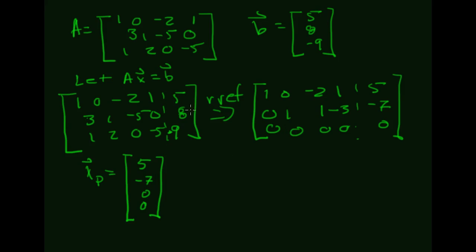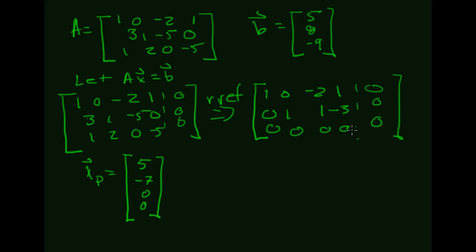All right, so now, what if I were to make this the homogeneous case? So what does that look like? Well, this here would just be zeros. And then this here, because of the way that Gauss-Jordan works, is also going to be working out to be zeros. So that's my homogeneous case.